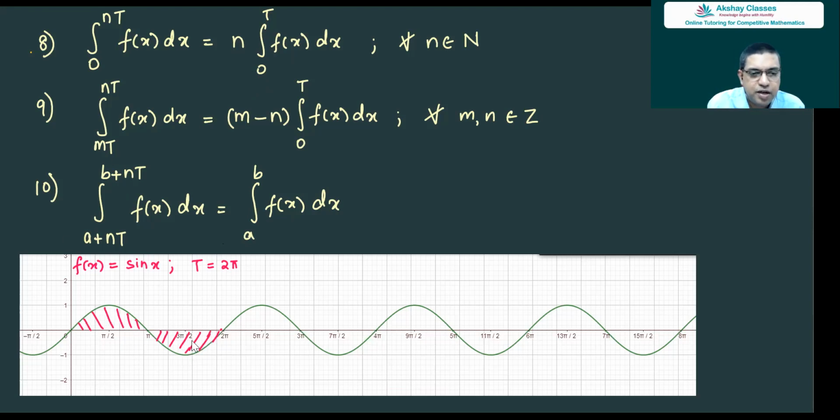So we are integrating this function from 0 to 2 pi. Now if I take n equal to 3, that means 0 to 6 pi. So let us take this example.